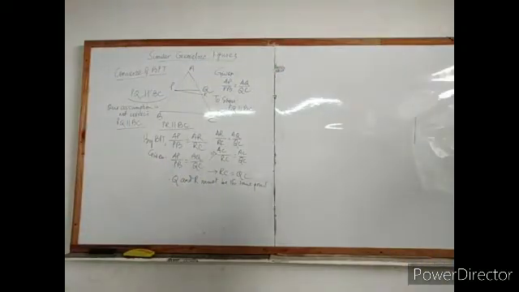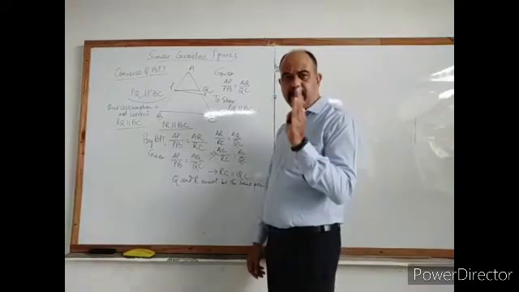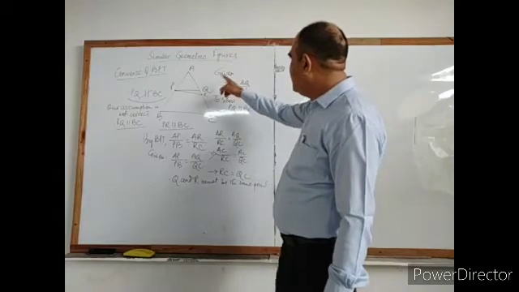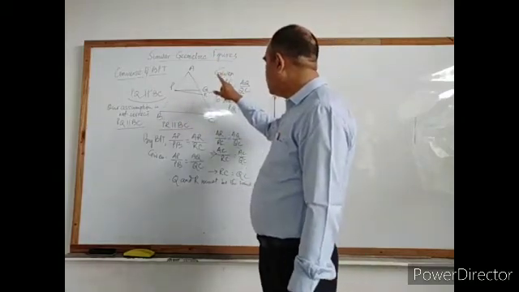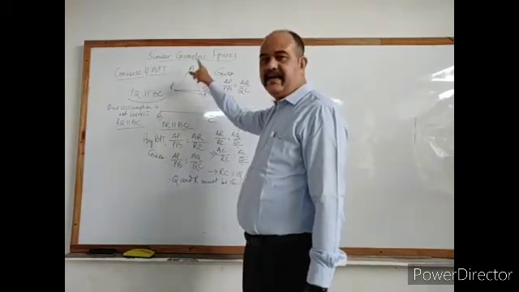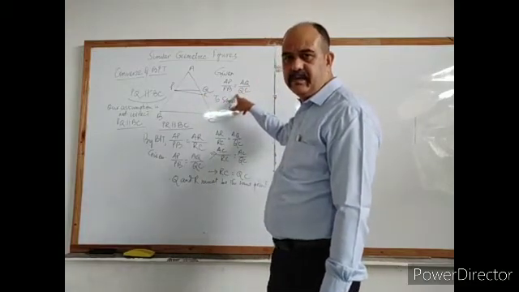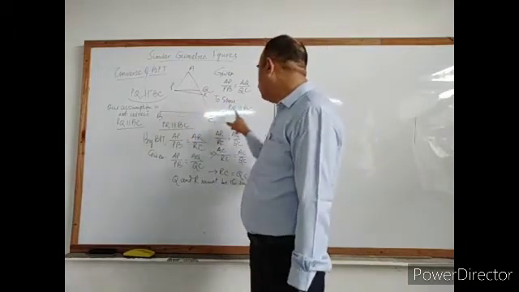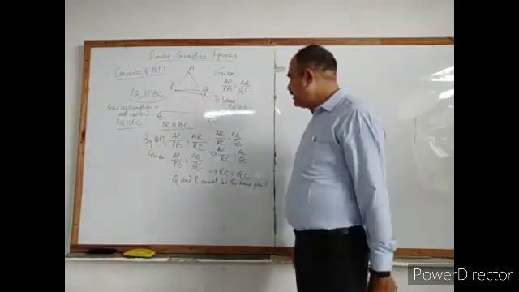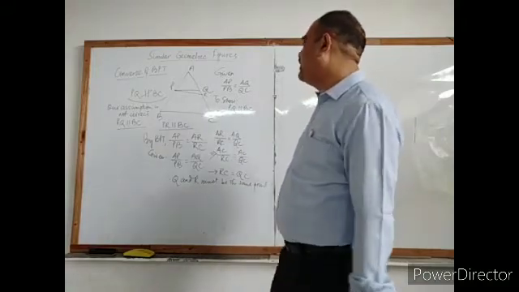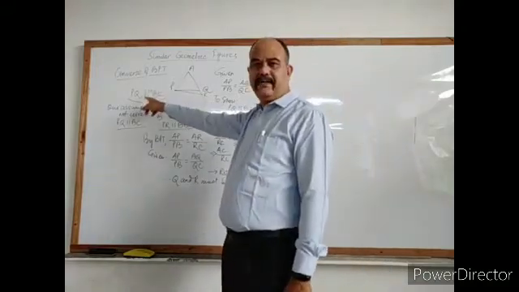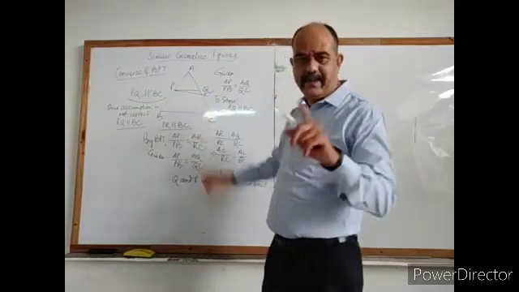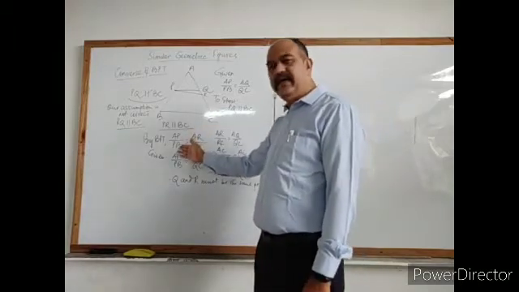Okay. So you see, recollecting what we have discussed: in a triangle ABC, PQ divides AB and AC in the same proportion. That means AB by PB equals AQ by QC. We have to show that PQ is parallel to BC. We suppose PQ is not parallel to BC, so there is a point R such that PR is parallel to BC. So, PR parallel to BC, by BPT, AP by PB equals AR by RC.